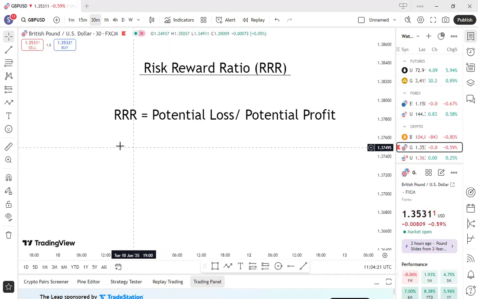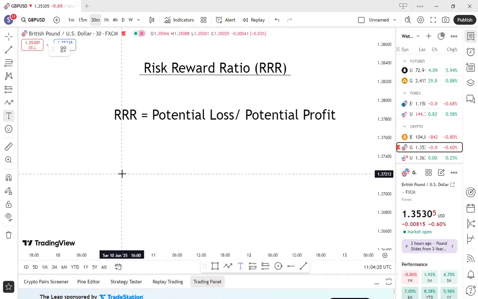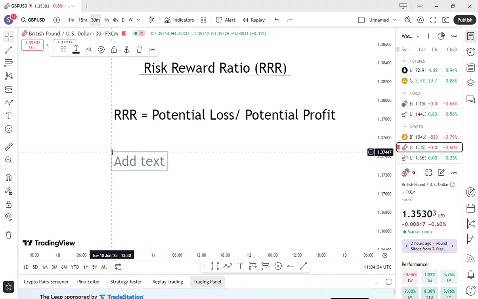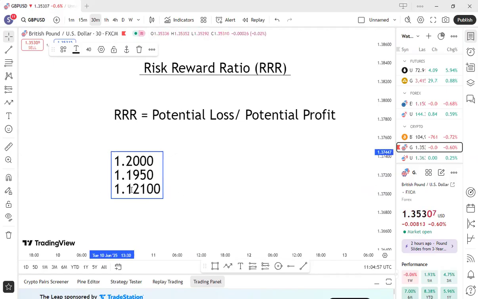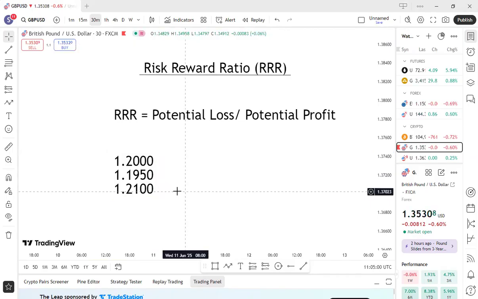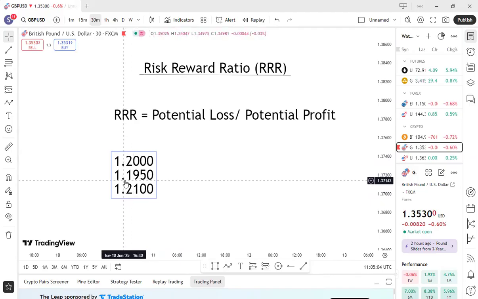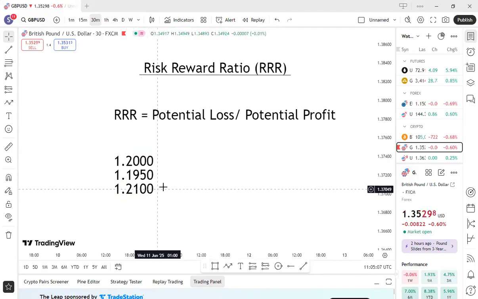Okay. So if you want to calculate the risk reward ratio in a simple way, let's say you entered a trade at 2,000 and your stop loss is at 1,950 and your TP target is 2,100. So 2,000 pips, 1,950 pips, and 2,100 pips.